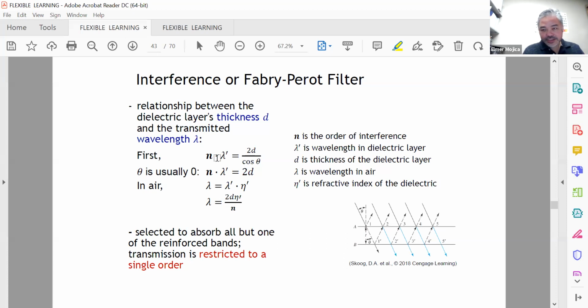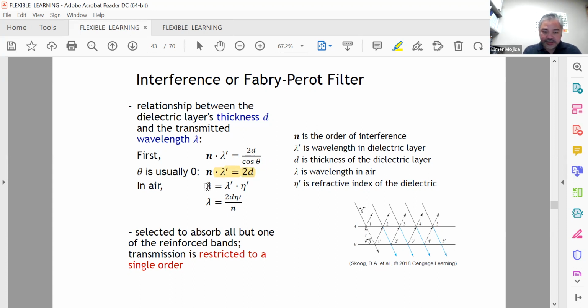So first you have nλ' equals 2d over cosine θ. Okay. And usually, this angle is set to 0. And if that is the case, cosine 0 will give you 1. So this is the expression that you have.